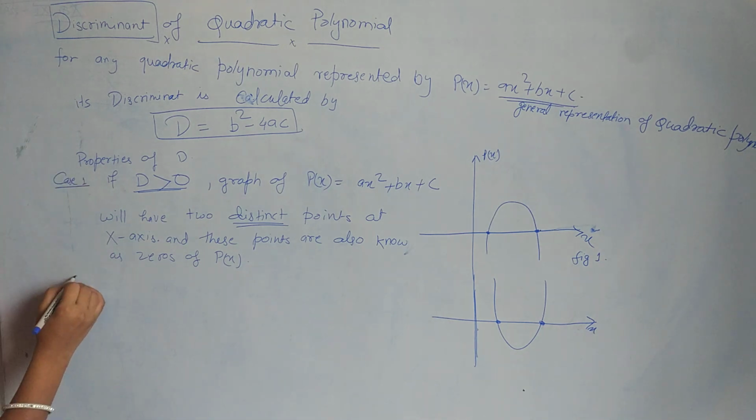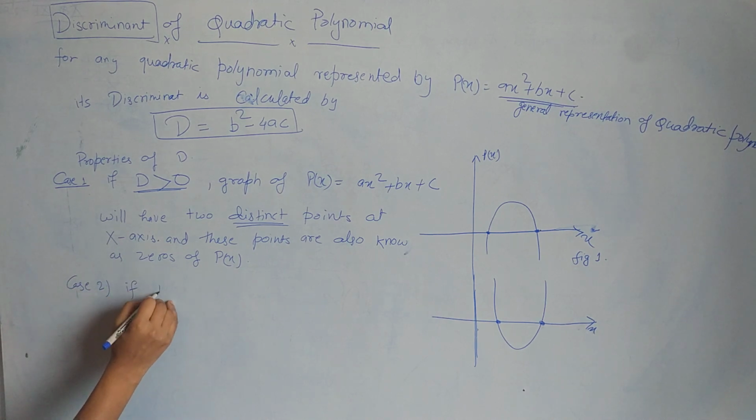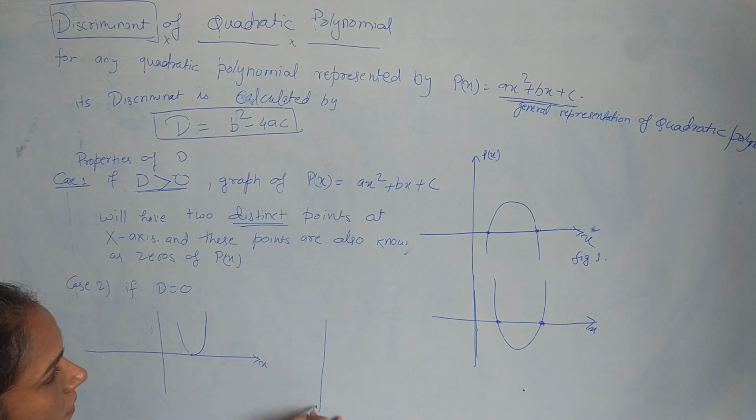Case 2. If D is equal to 0, what about the graph? Look here.